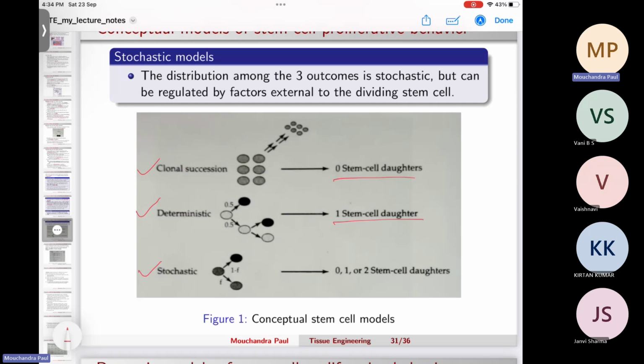In one cell division, all the daughter cells go along the differentiation pathways and differentiate. In another cell division, one daughter cell is staying back and another daughter cell is dividing and differentiating. In another division, both of the daughter cells stay back and maintain the reservoir. So it is completely random. You can get 1, 0, or 2 stem cell daughter cells. These are the 3 models.